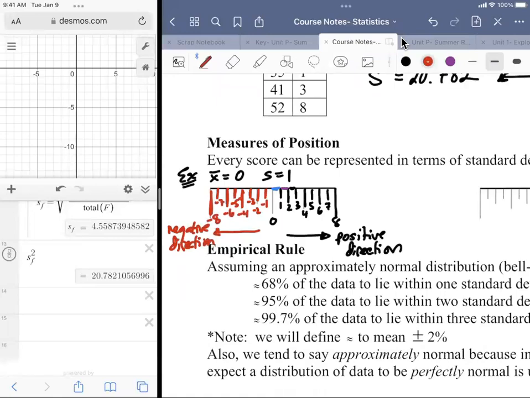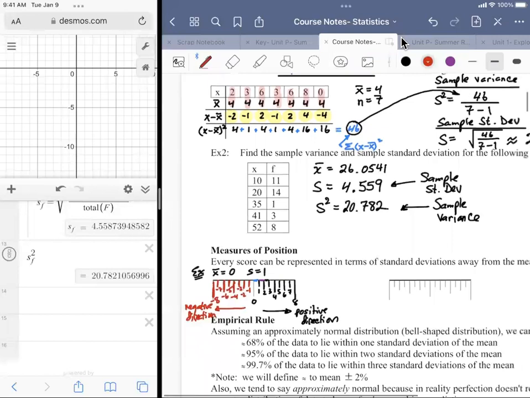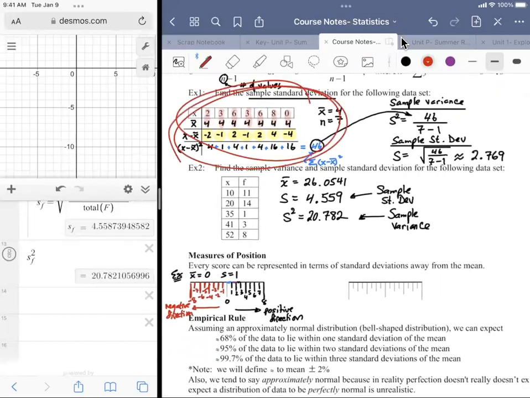All right. So if I were to compute a standard deviation for a simple data set and determine that that value is equal to 2.769, and then find the standard deviation of a completely different sample of data and determine that that sample standard deviation is 4.559, I now have a basis by which I can measure the two against each other.